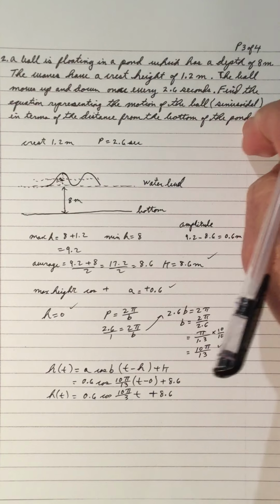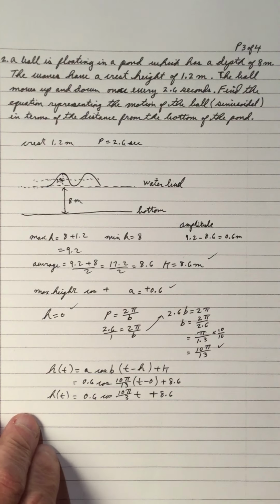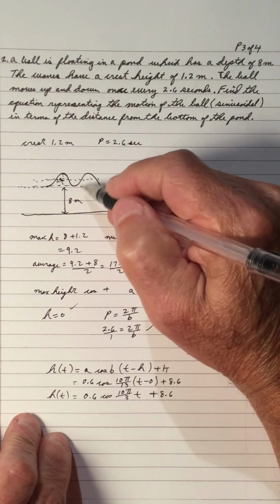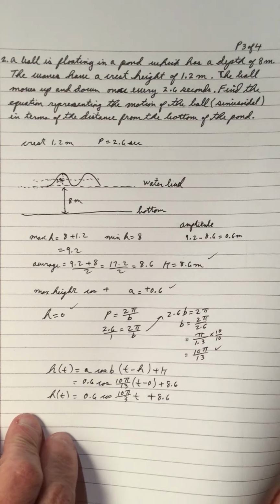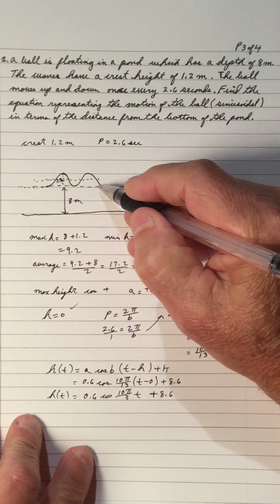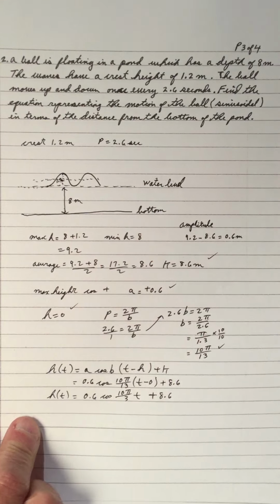That's the equation that represents the ball floating on the pond. Notice I drew a picture, and from the picture you get a feeling of the sinusoidal wave formed by the ball. And we have another one to do, so let's straighten this up.